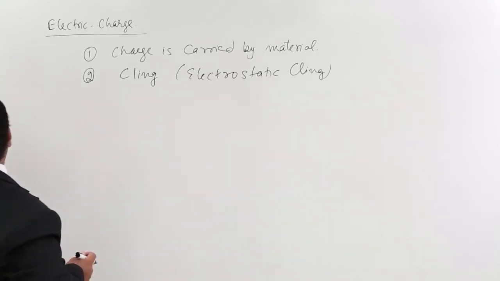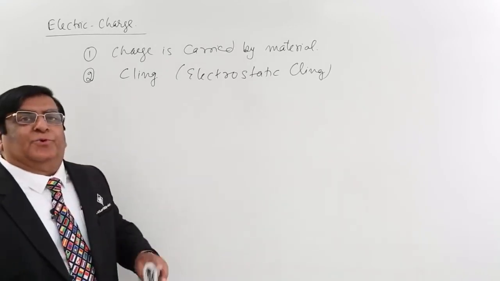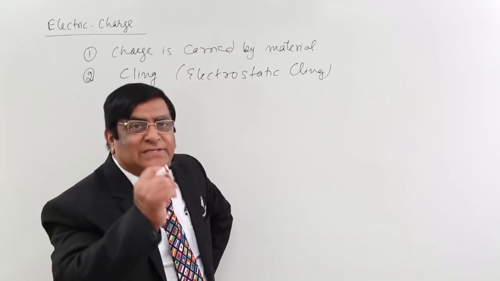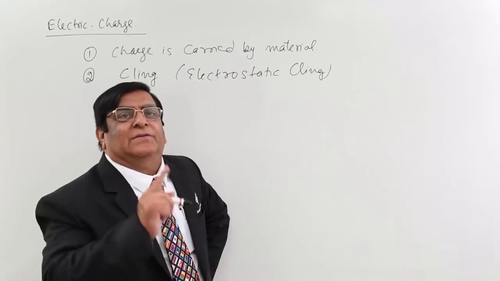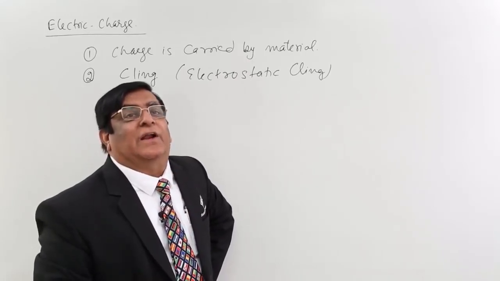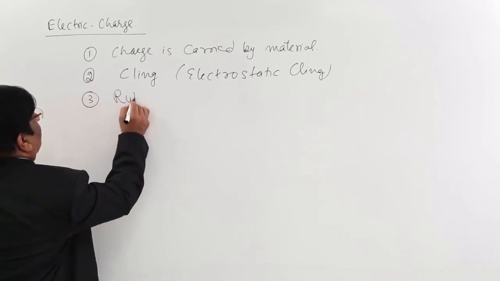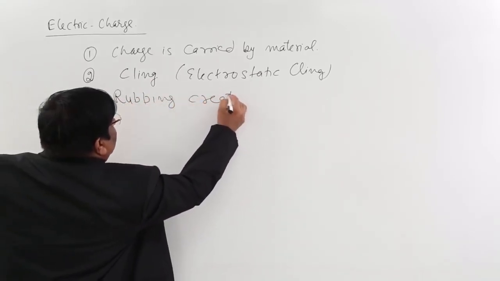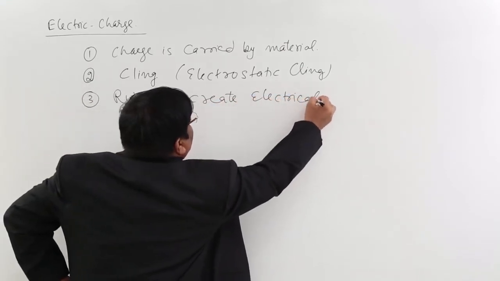Now another thing we wish to study is how do we produce electricity. The basic thing for producing electricity, now I will say the one method is rubbing. Rubbing creates electrical charge.